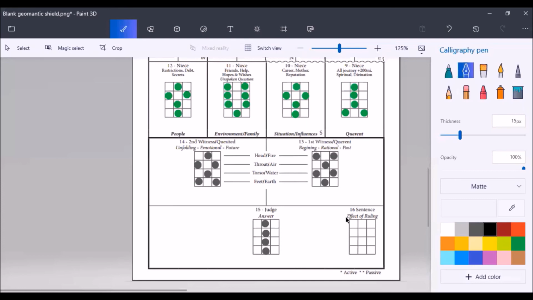The quesited, as the left witness, offers the potential for the future. And the relationship between them is defined in the present moment, aka the judge. So all these levels work together for a synthesis of information.